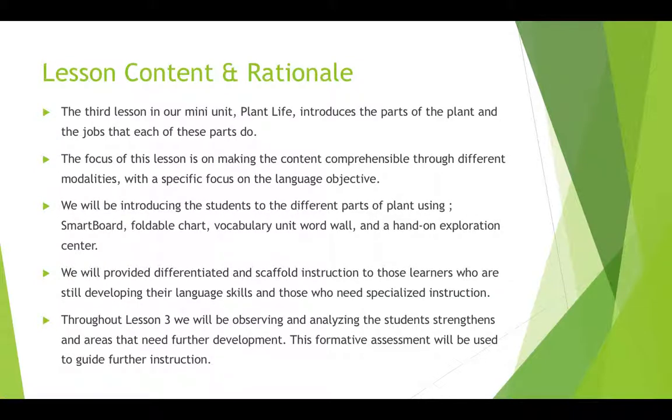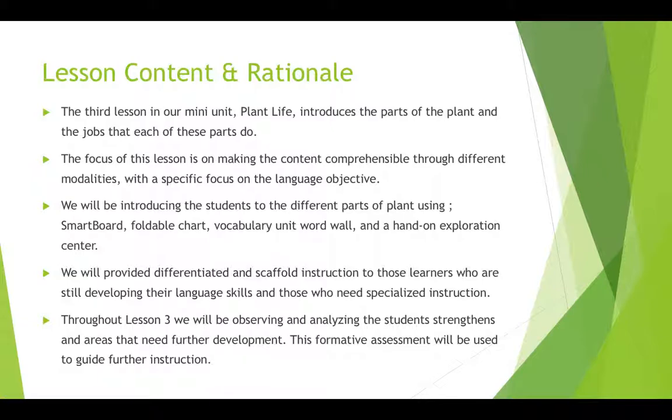The lesson content and rationale that we used for this lesson was to make the content comprehensible through different modalities with a specific focus on our language objective, which is in the discourse competence. We've used the smartboard, foldable charts, vocabulary word wall, and a hands-on exploration center to make the content as relatable to the students and accessible to them as well.